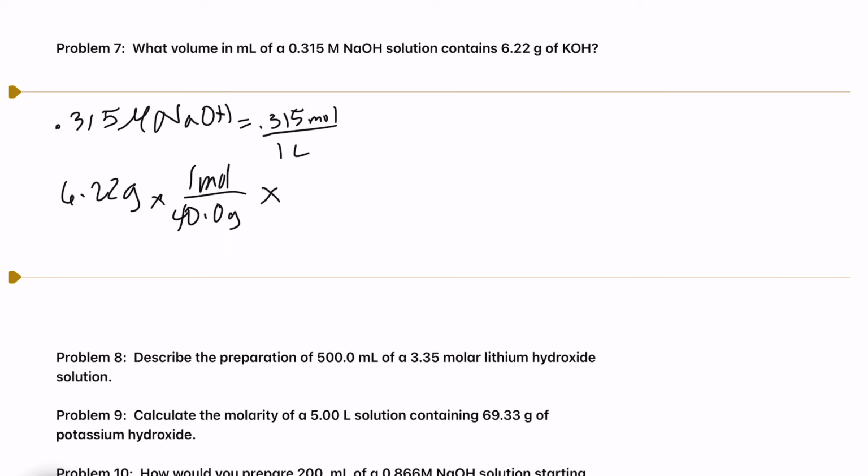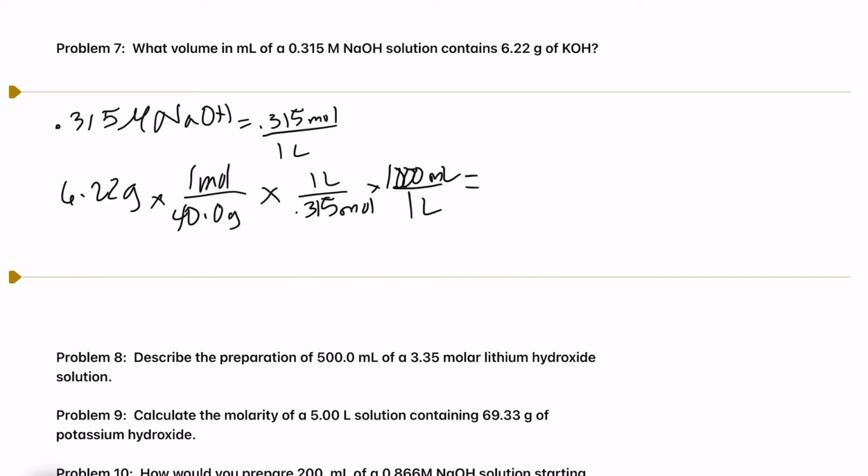Since they want volume and they want it in milliliters, I need to get out of moles and into liters. So I'm going to use our molarity. And since I'm going to try to get rid of moles, I need to put moles on the bottom. 0.315 moles per 1 liter. And remembering that the prompt asks for volume in milliliters, I need to get out of liters and into milliliters.